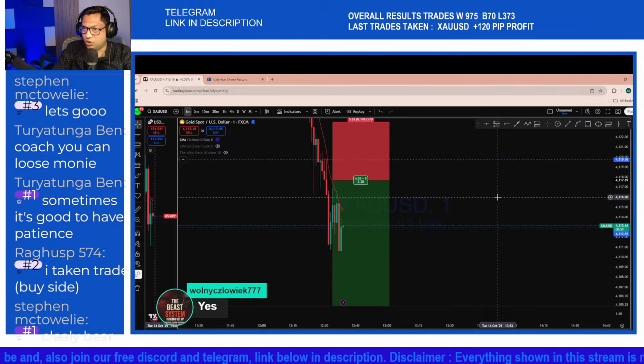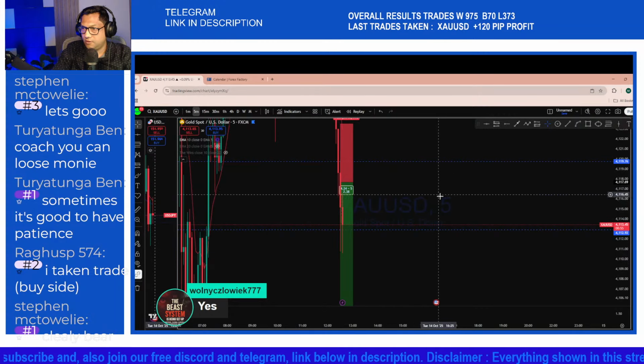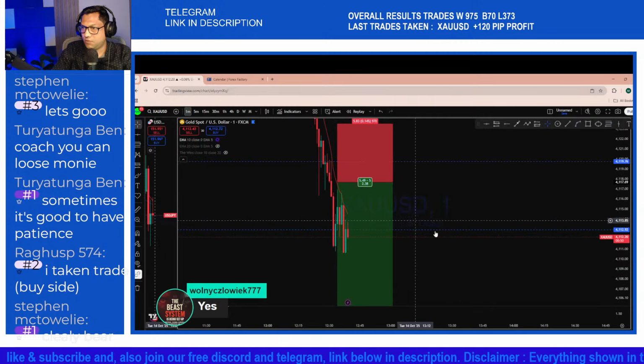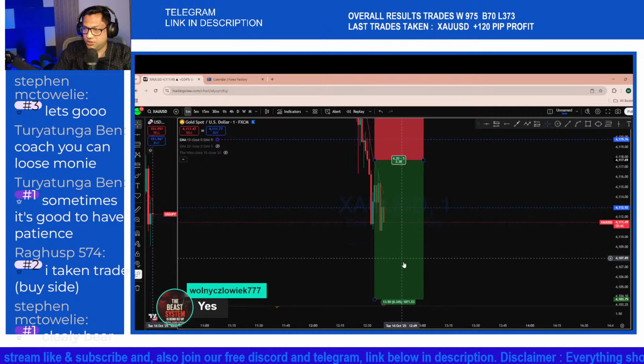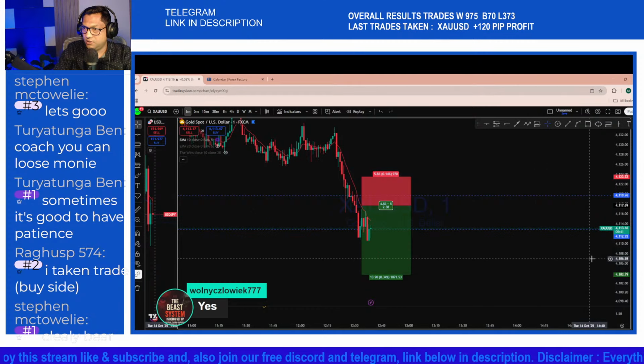The price tested the order block, and okay, coming down, moving down here, the price possibly returning down here.